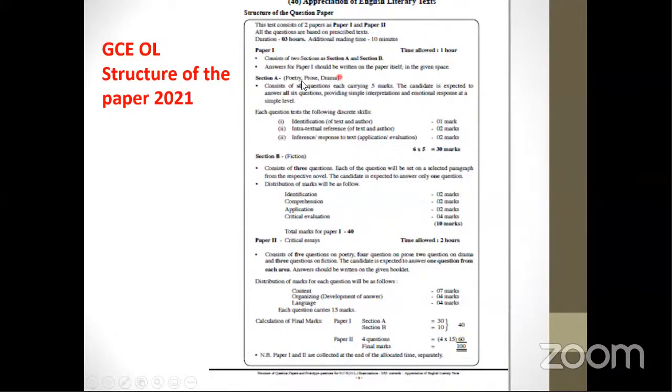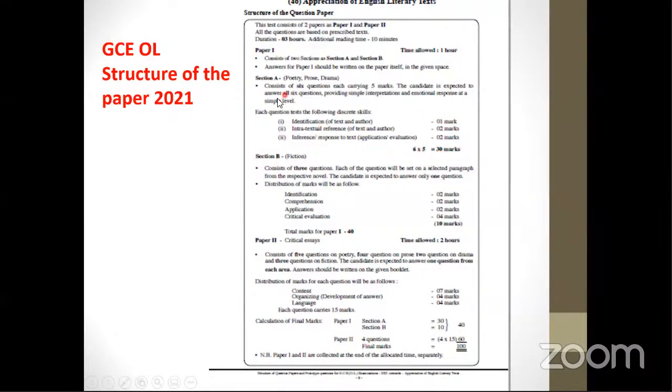There are two sections, A and B, similar, but there will be a difference in question layout, and I will show you that in a while. And paper 2, as usual, has 4 essay questions to answer.